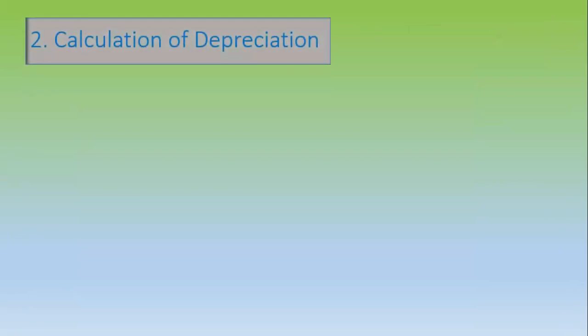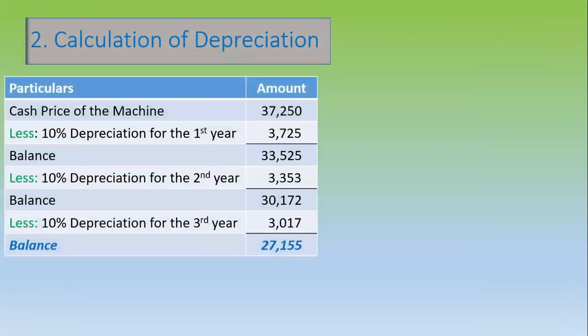Now we can move on to the second stage, calculation of depreciation. So here the cash price of the machine is 37,250 and depreciation is under diminishing balance method. So first year, 10% you can take on cash price, you will get 3,725 and balance 33,525.